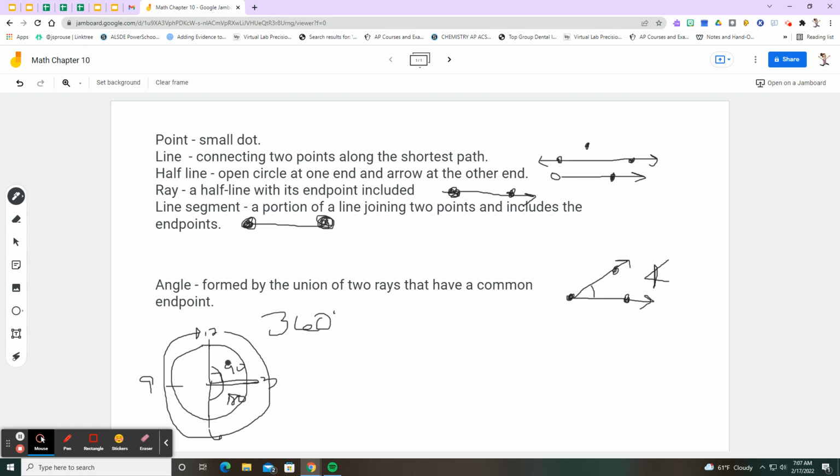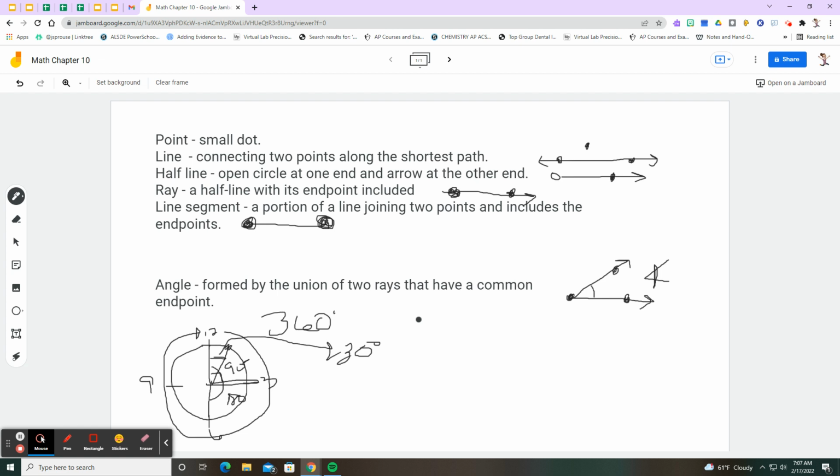Okay, if you looked at between, so that's divided up into 3 parts. So there's 1 o'clock, there's 2 o'clock. That means this angle right here, between 12 and 1, would be 30 degrees. Okay.